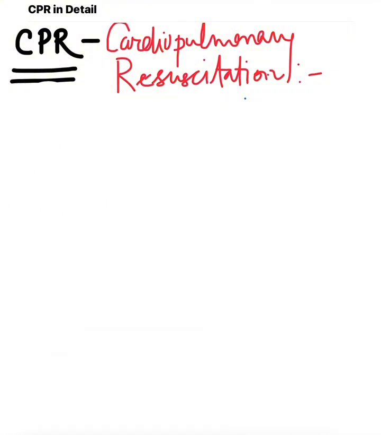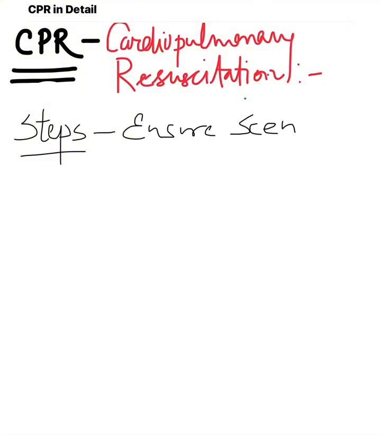Next, there are a few steps for an adult. I will show a table also, but firstly you have to remember, read, or learn the steps. The first one is ensure scene safety.